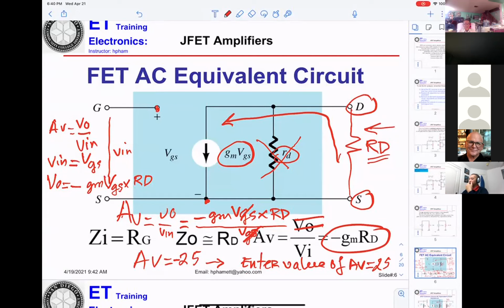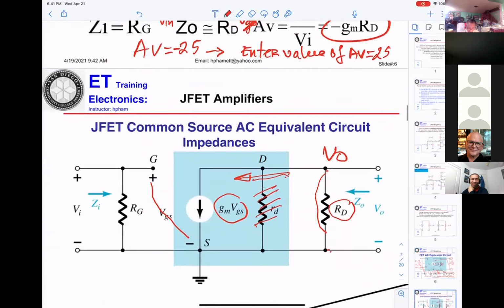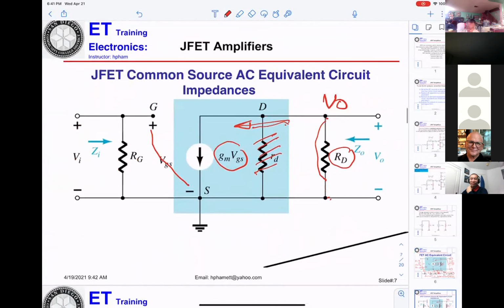You cannot say positive or negative. The only thing is, when you get a minus, it means opposite between output and input. Okay, any question on this part? It will be the same thing until the quiz.